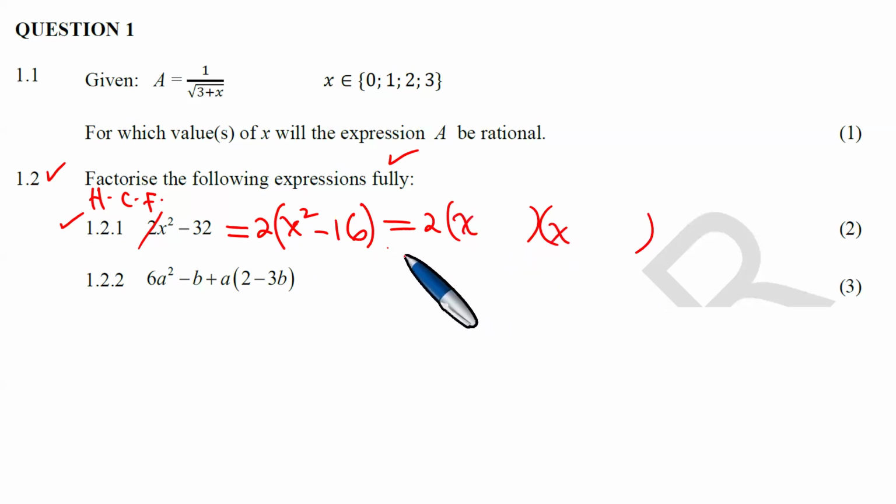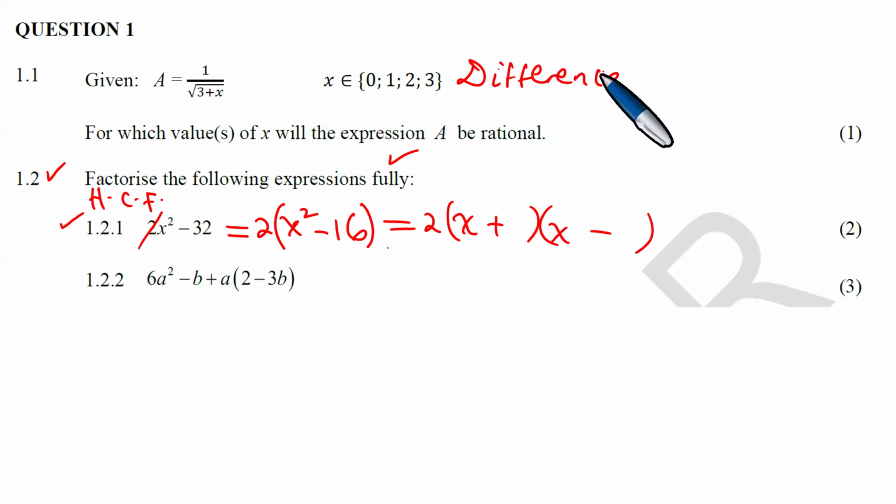Well done. And then what do we do? And then plus or minus. Plus minus. Okay. And then factors of 16. Well done.